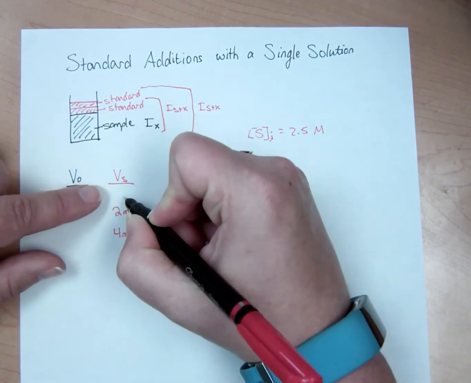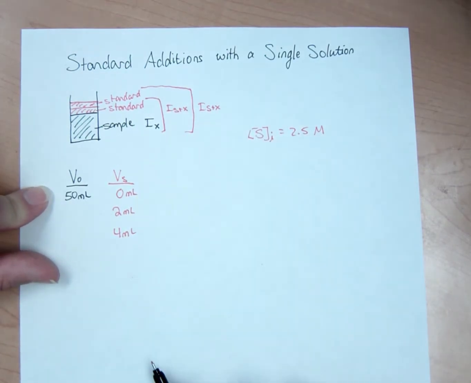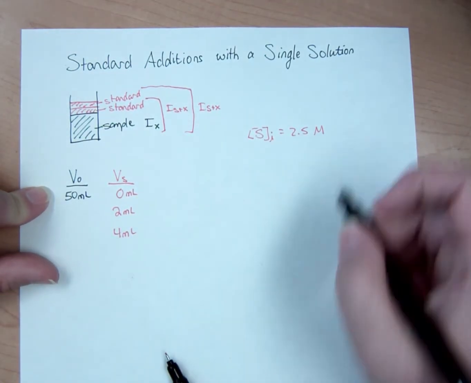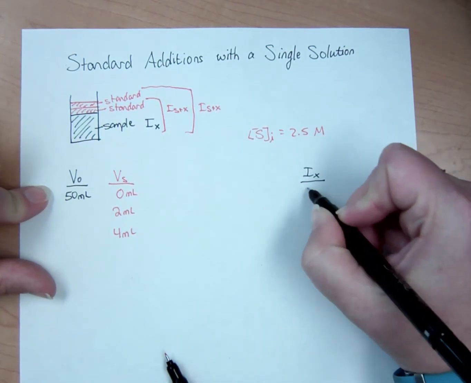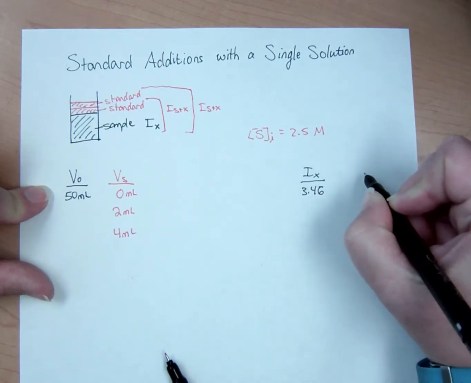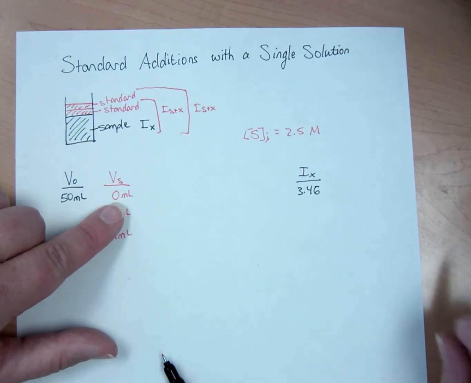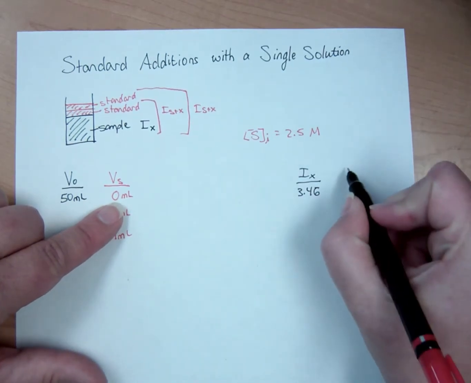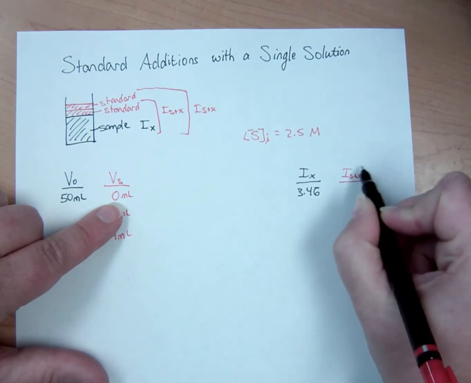So at the initial point, I'm adding nothing because I'm going to take a measurement of the intensity of the sample alone. We'll just make up a number, 346. Okay. So initially I have no standard added, and so I don't actually have a sample plus standard.